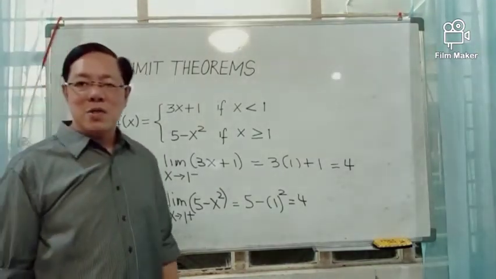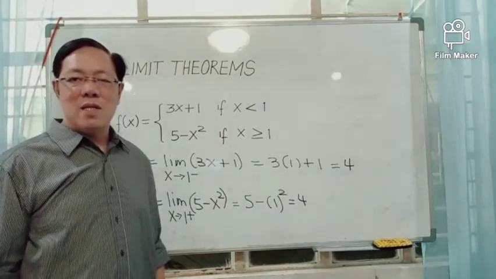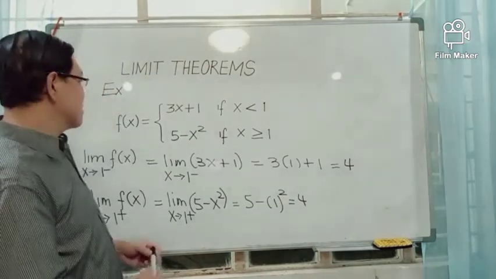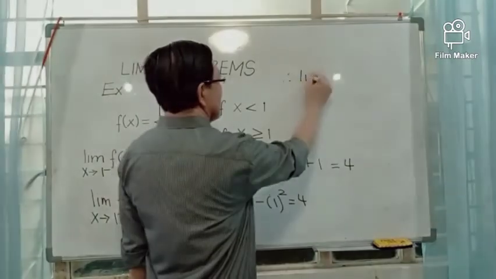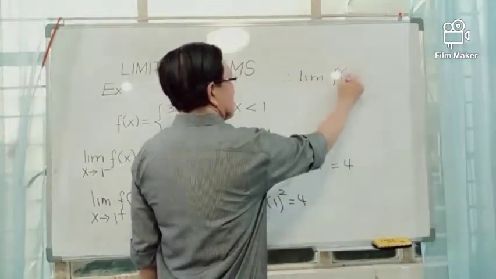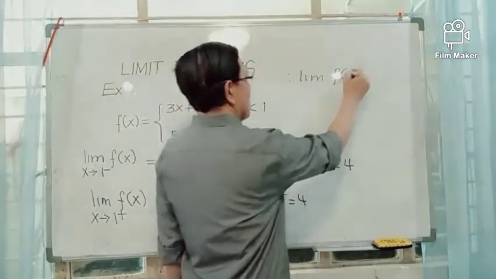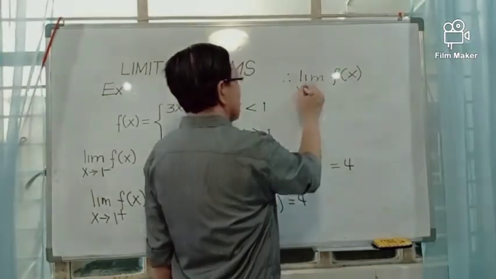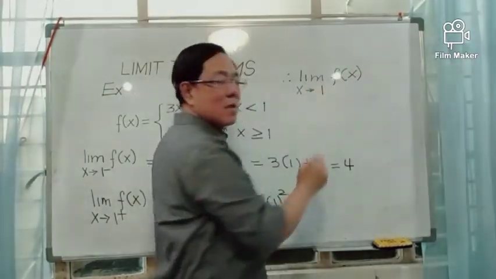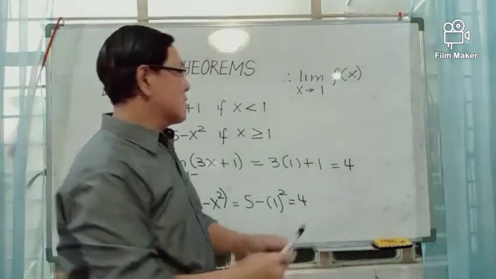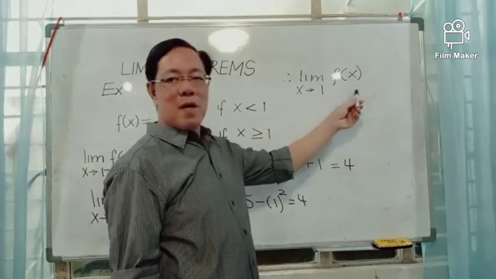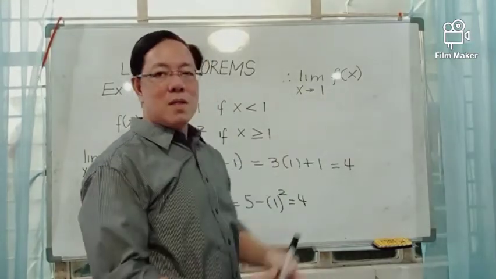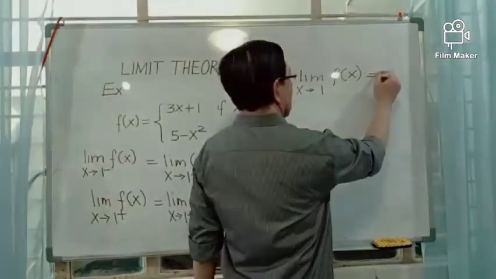Therefore, by the first theorem we had earlier, we can conclude that the limit of the function f of x as x approaches 1, we now omit the plus and minus sign here, we simply write limit of f of x as x approaches 1 is 4.